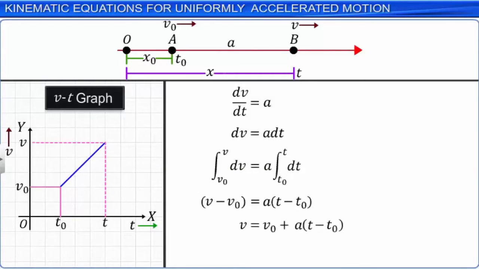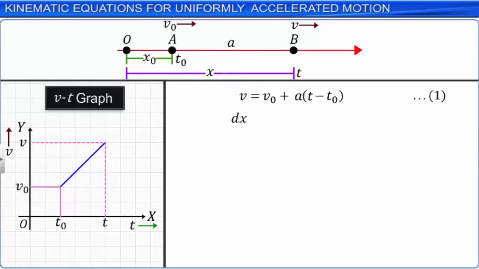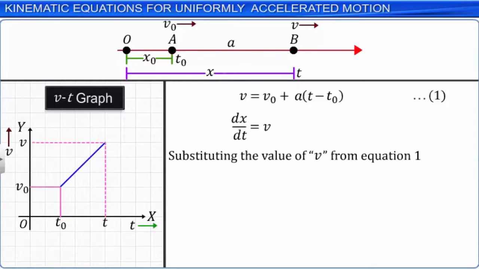We know that dx by dt is equal to v. Substituting this value in equation 1, we get dx by dt is equal to v0 plus a into t minus t0. By cross-multiplying, we get dx is equal to v0 plus a into t minus t0 multiplied by dt.